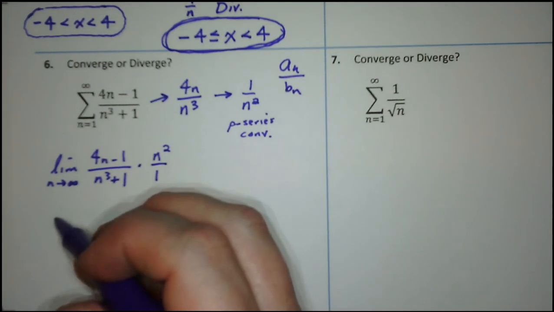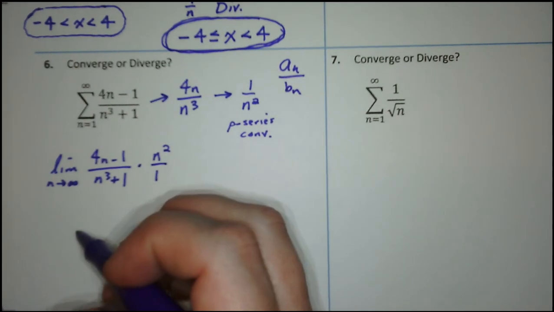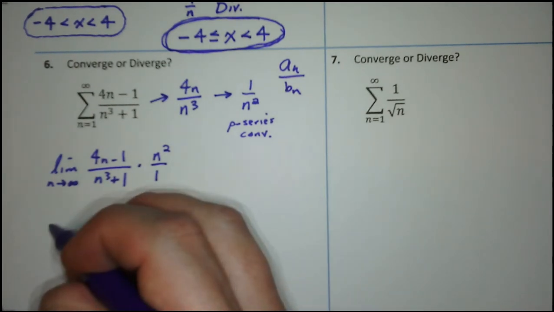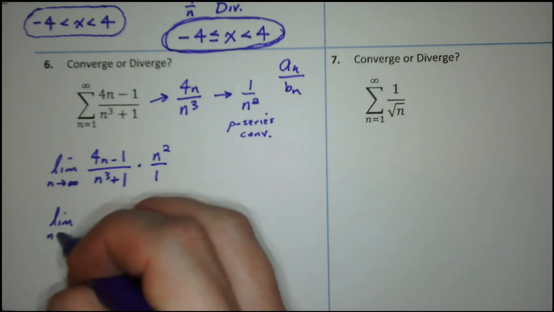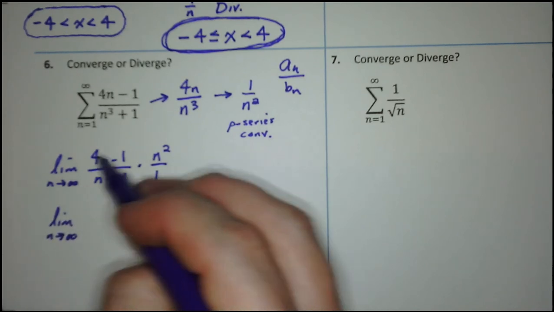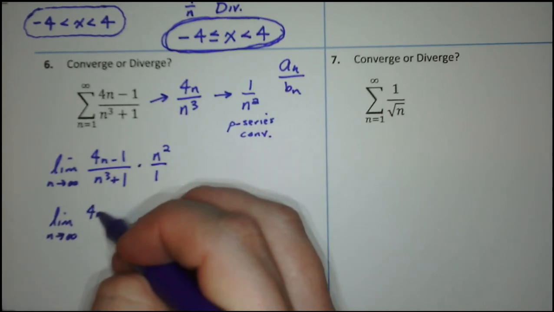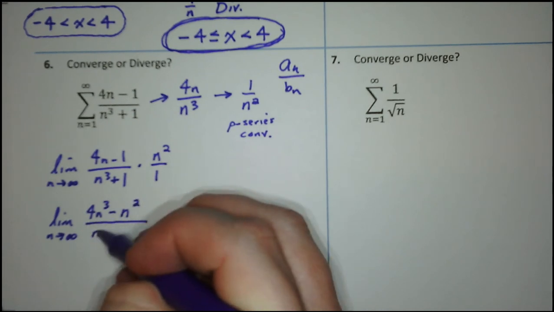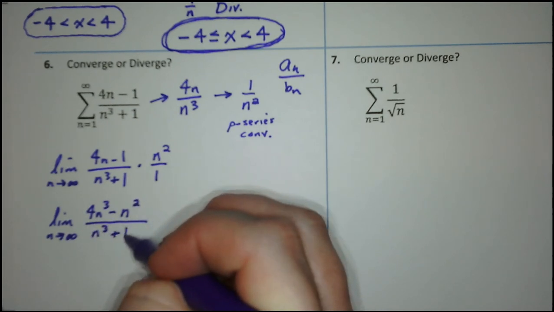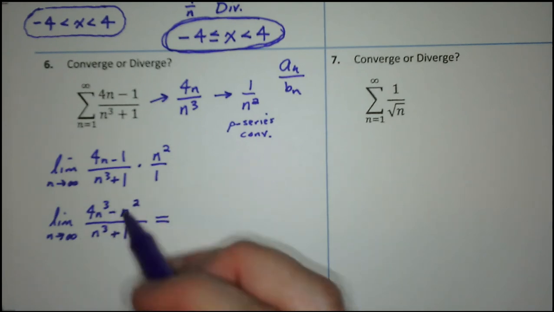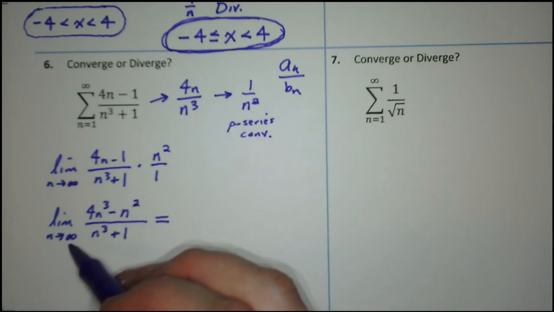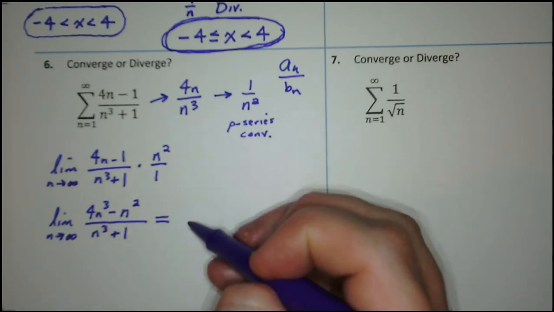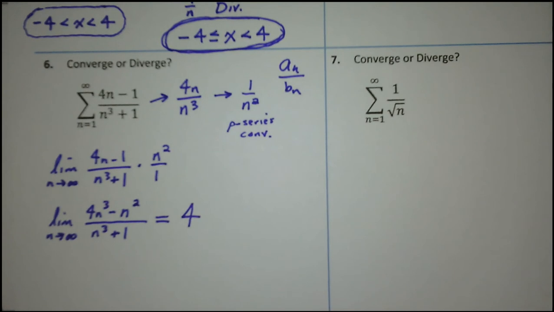Okay. And so this, you know what, I'll actually go ahead and multiply this together. 4n cubed minus n squared all over n cubed plus 1. A very basic limit, especially if you're letting n approach infinity, that's just going to equal 4 over 1, or 4.